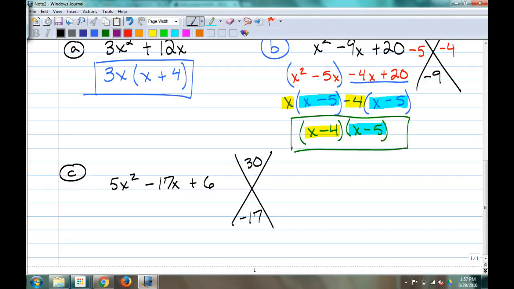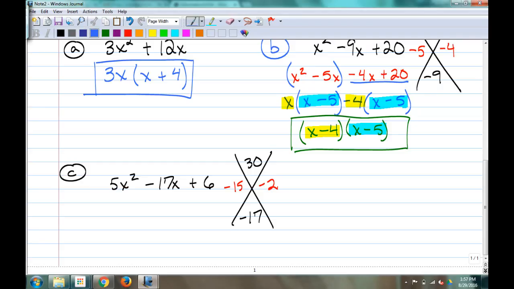That's good. 30 came from whatever's in front of x squared times the number on the end. 5 times 6 is 30. And then negative 17 comes from the middle piece. That's always going to be the bottom. Negative 15 times negative 2 is positive 30. Negative 15 plus negative 2 is negative 17. We know that's the right pair.